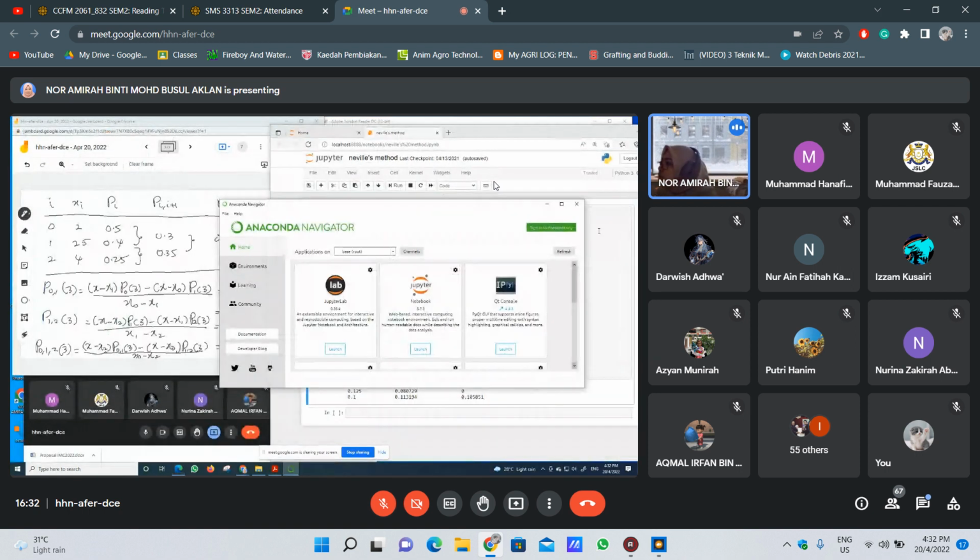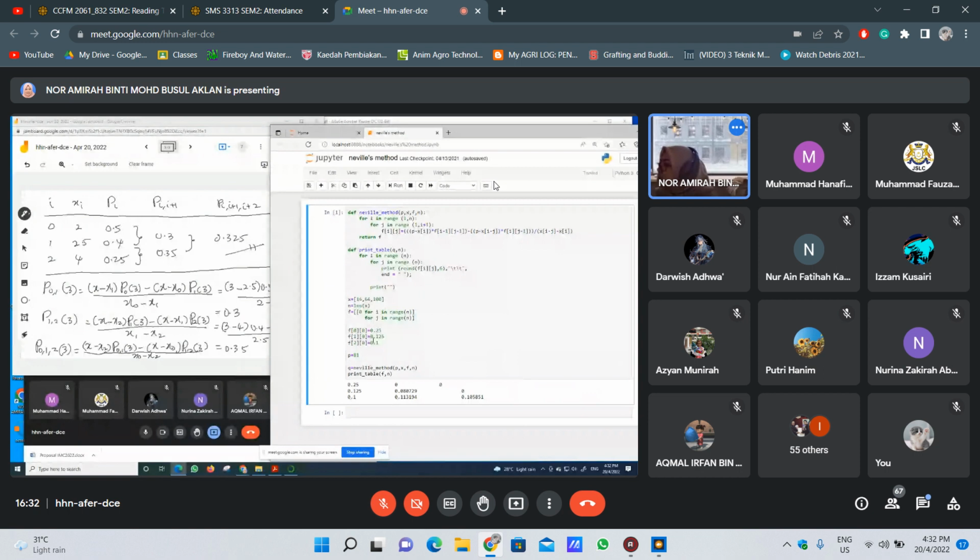I'm trying to figure out the number method. This one I'm using for what value?